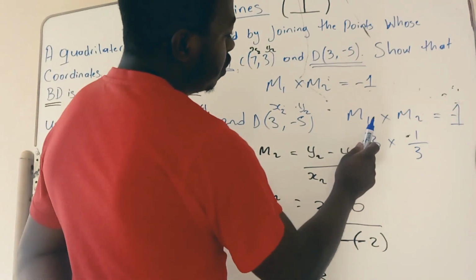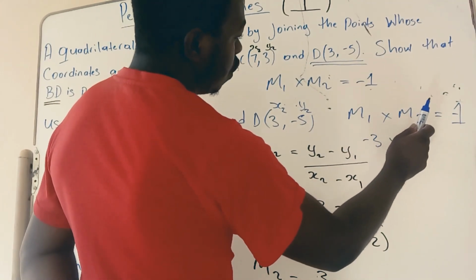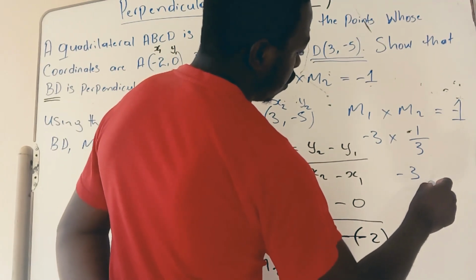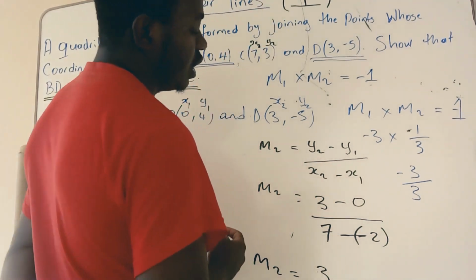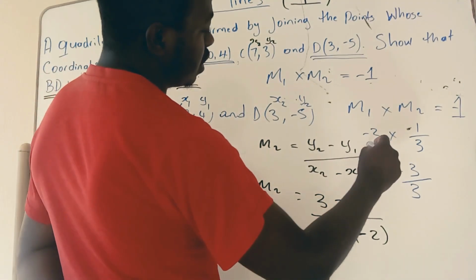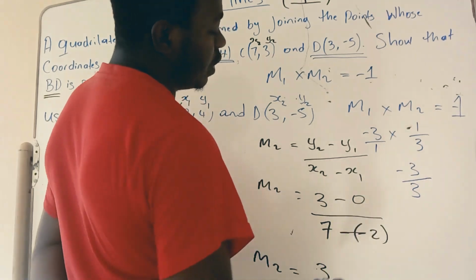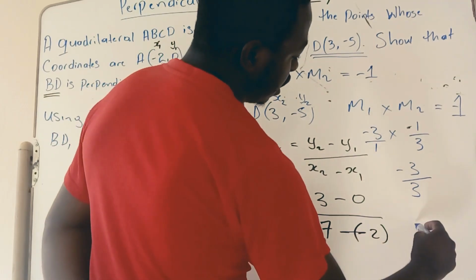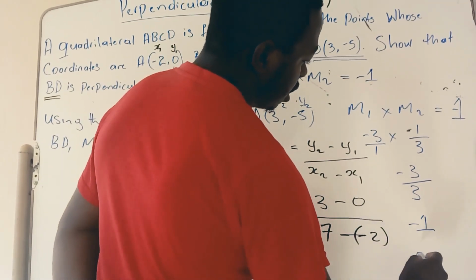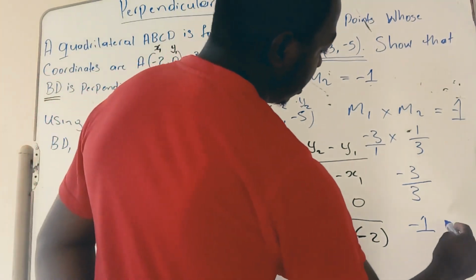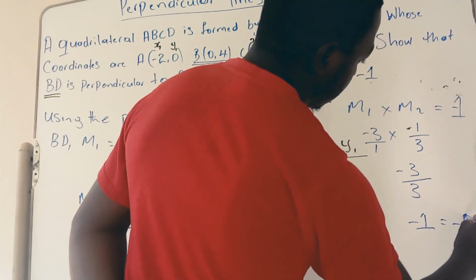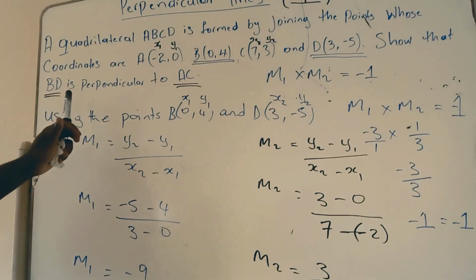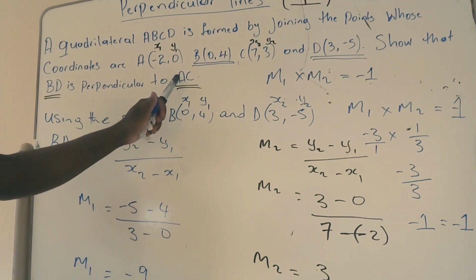So, negative 3 times 1 gives us negative 3 over 3. And then you reduce this, because negative 3 is the same thing as negative 3 over 1, and then negative 3 divided by 3 is equal to negative 1. Therefore, we can say that negative 1 is equal to negative 1. So we would have proven that BD is perpendicular to AC.